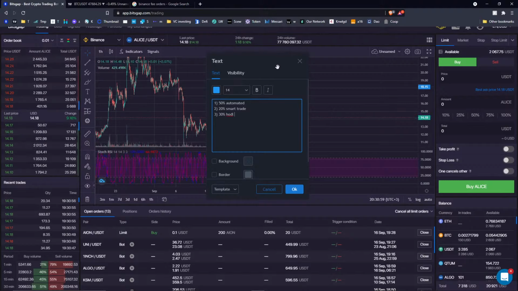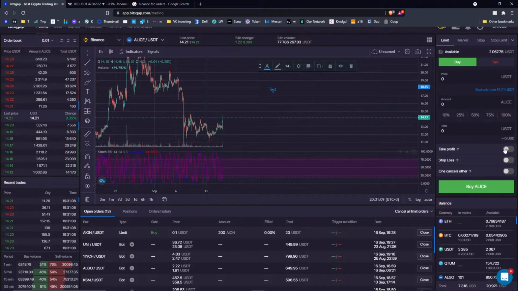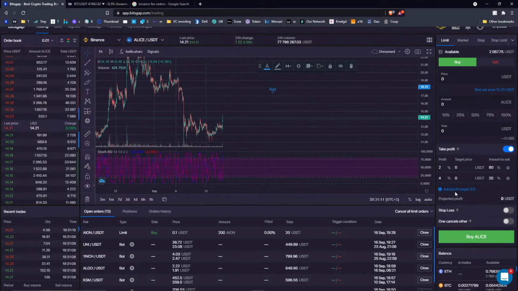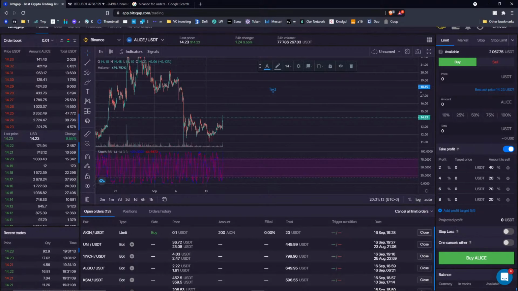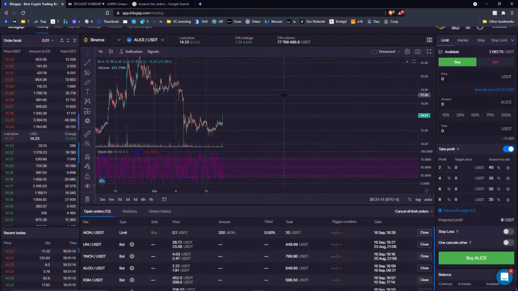In the smart trade mode, to which I allocate 20% of my entire balance, you have this perfect thing, multiple take profits. You can set up to 5, and that way you increase the odds that you will get out of the market with at least some profit.